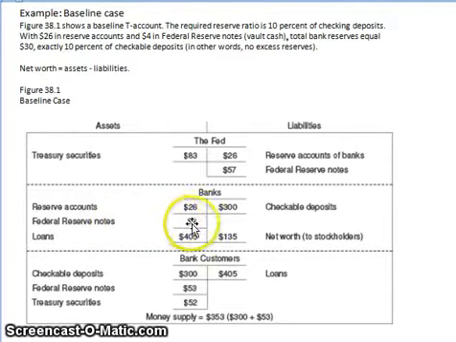We also note, again, at just this initial level, that the banks themselves are holding $4 in reserve notes as assets. And then the banks here have an additional $405 of loans, which they've given out.